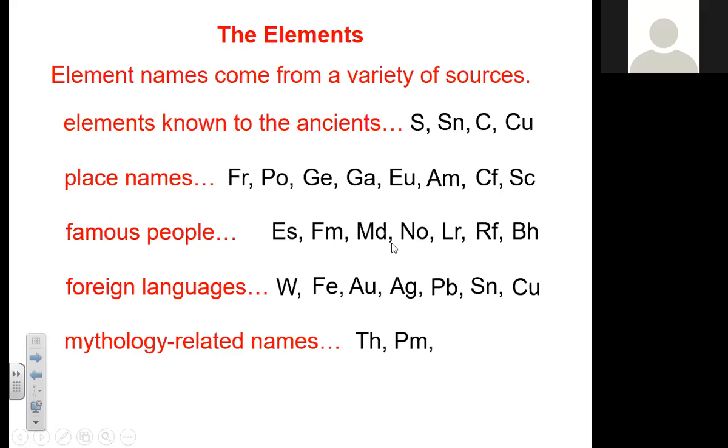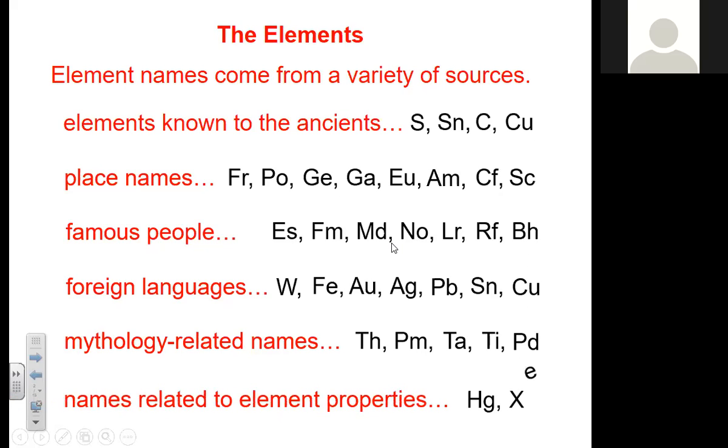Promethium. This is named for Tal, which is actually a Norse god, thallium. And then before the Greek gods, you had the Titans, titanium. And then Palladium was also named for a Greek god.